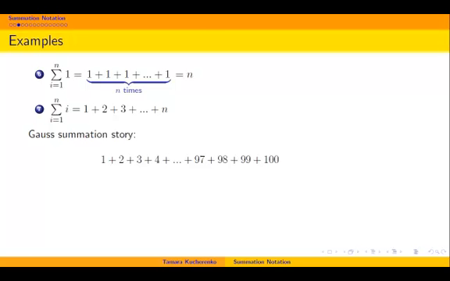Let's try. 1 plus 2, 3, plus 3, 6, plus 4, 10. Well, it is going to take a while. This problem would require students to perform 99 additions to solve.